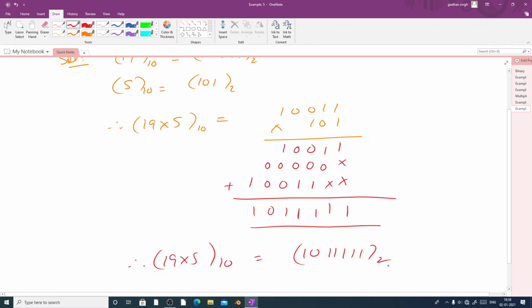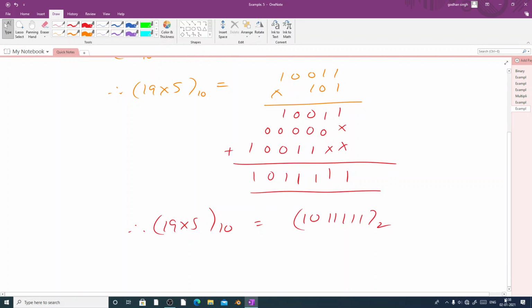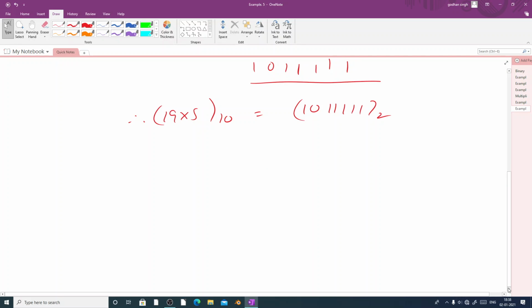Now let us check whether our answer is correct or not. We'll just verify it. How can you verify? By converting the binary number which you have got into decimal form. So you know the rule. Just mark the arrow towards the left.